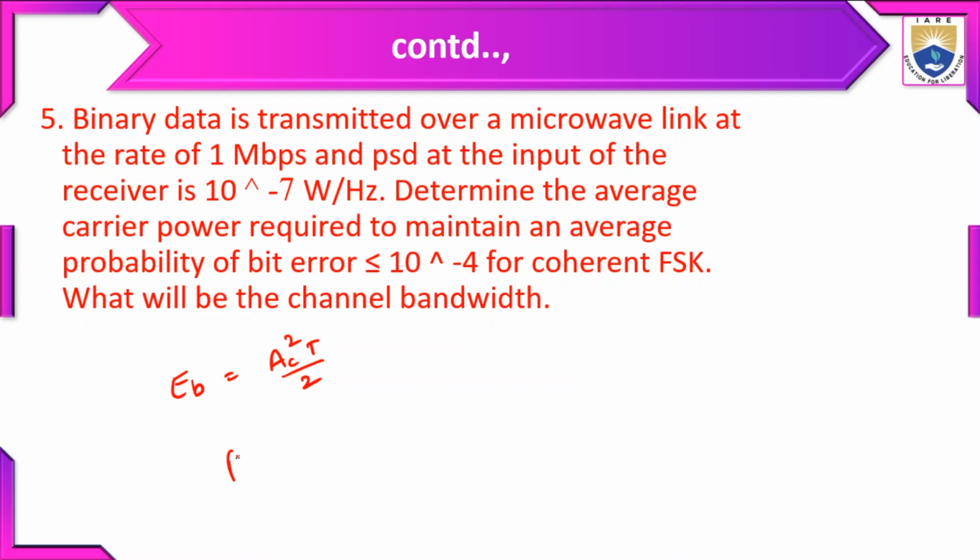So the probability of error is equal to Q of square root of Eb by eta. Here we can mention the probability of error in terms of the ERFC, error complementary function tables, or the Q tables.